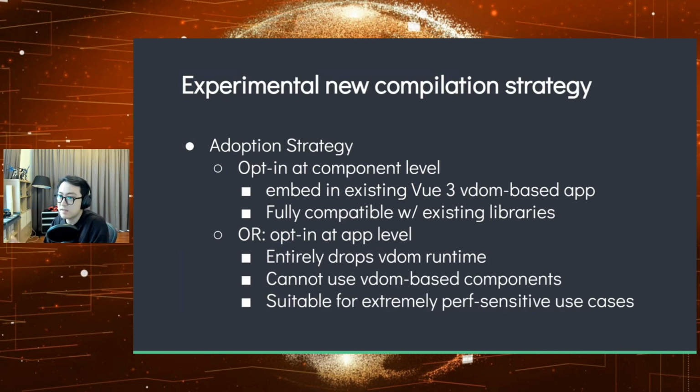The template syntax and the way you write your components will remain exactly the same. This is purely just how the compiler handles the output. That's what I mean by Vue transitioning into a more compiler-oriented framework in the long run.